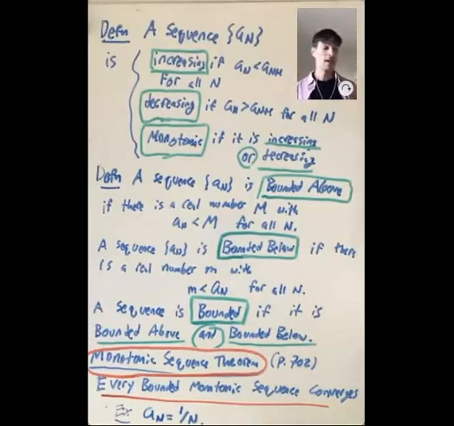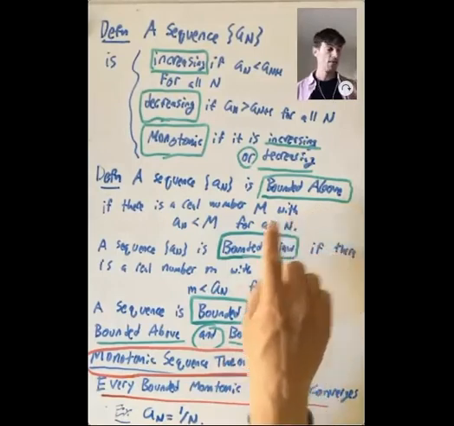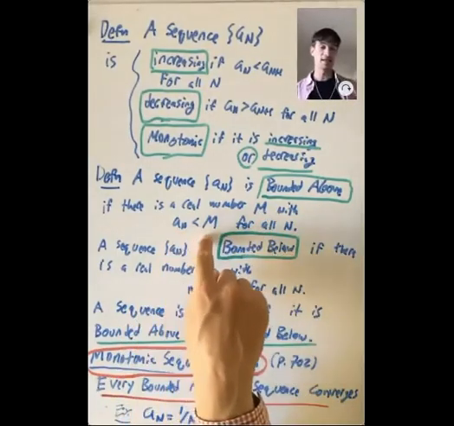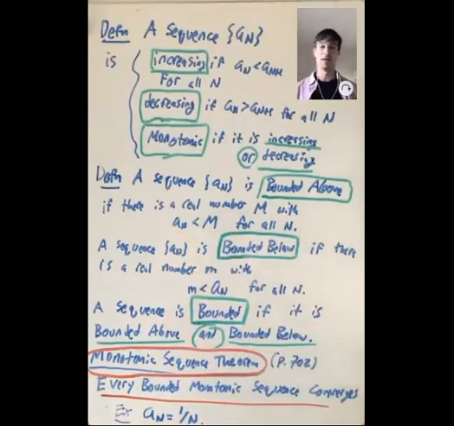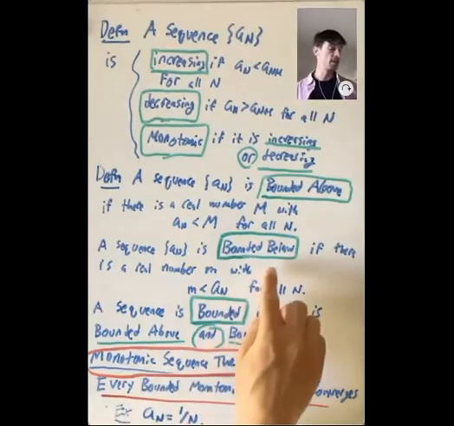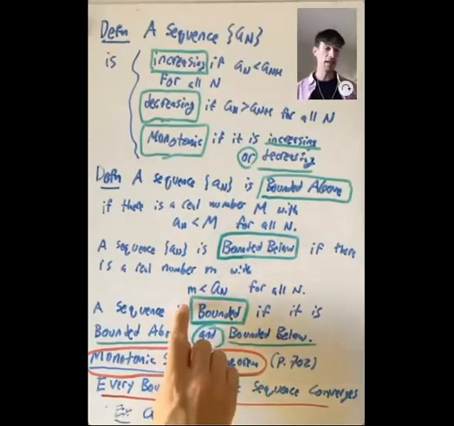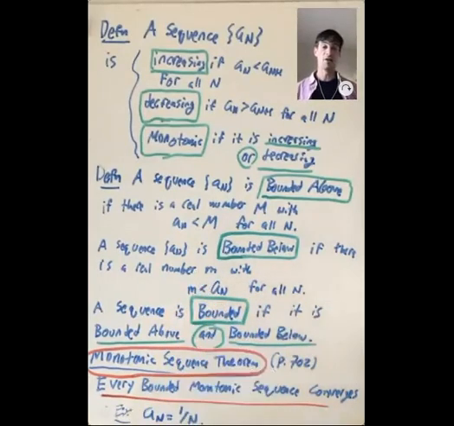A sequence is bounded above if there's a real number, capital M, where a_n is less than capital M for all n. Meaning, no matter how far out you go, there's some number that's bigger than every element of your sequence. A sequence is bounded below if there's a real number, little m, with little m less than a_n for all n.